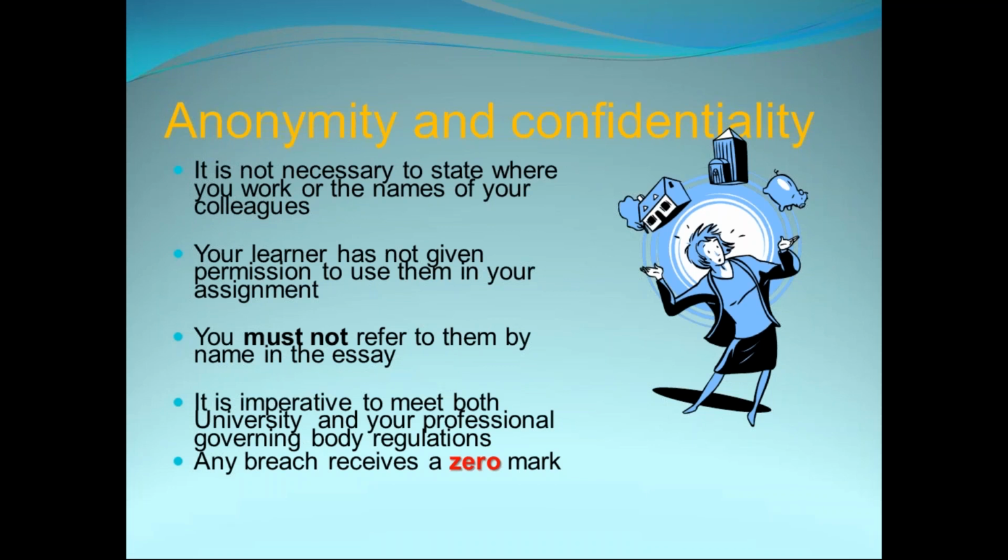Also, it's important that your place of work, where you work, or your colleagues can't be identified. It's fine for you to say, I work in an acute hospital in medicine, or I work in a community nursing team, or I work with a specialist team. It puts what you're writing about into context, but it doesn't breach confidentiality and anonymity. And as I said, it's very important.